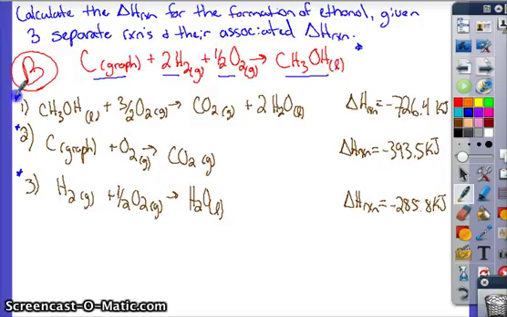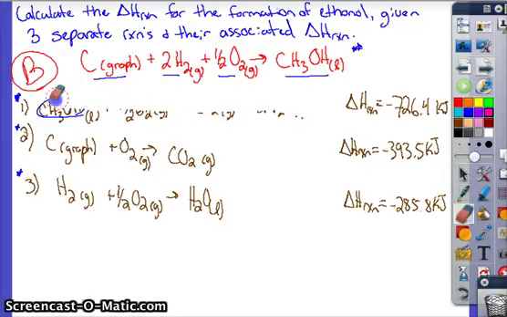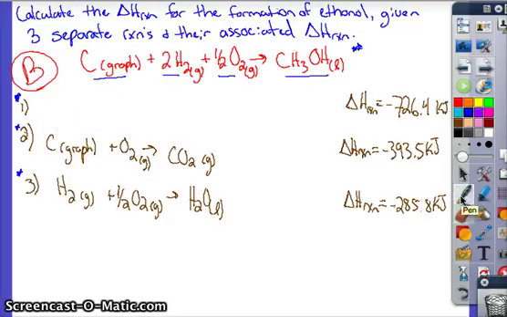So let's go to reaction number 1. In this reaction, we have methanol in common. So methanol needs to be a product as per our reaction in question, and it is currently being represented as a reactant. So we need to reverse this reaction. So we want to rewrite this reaction in reverse so that methanol is represented as a product, as in the reaction in question.